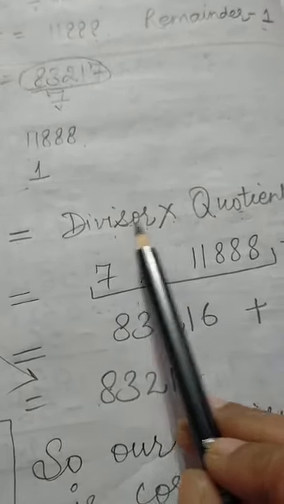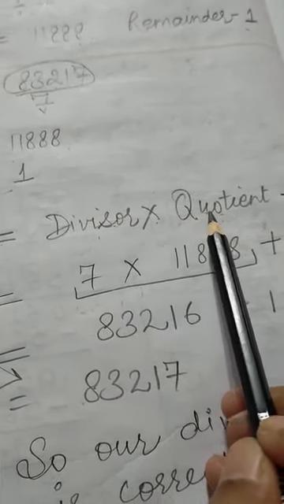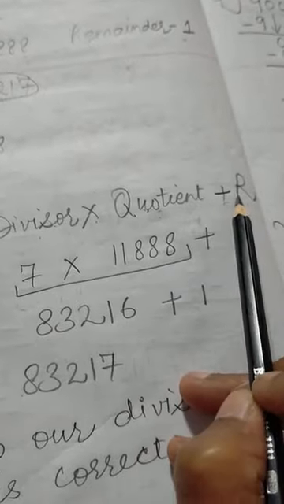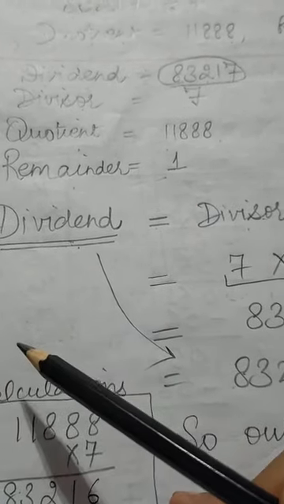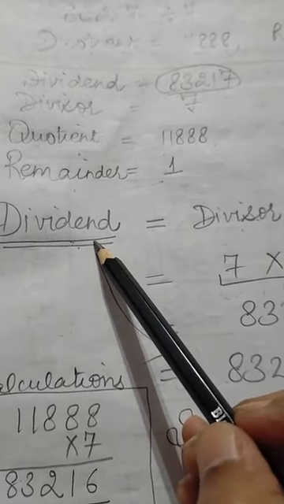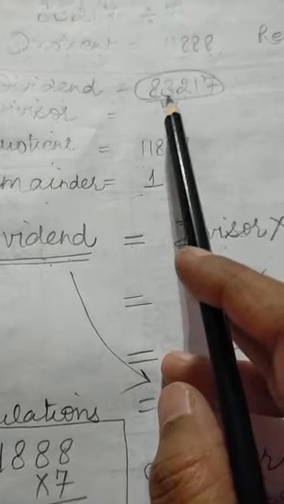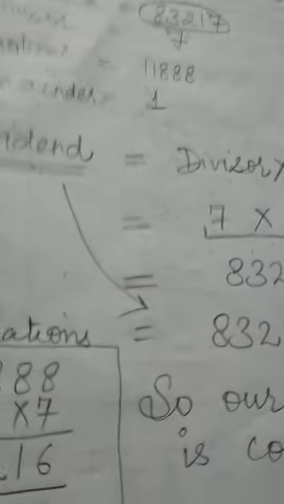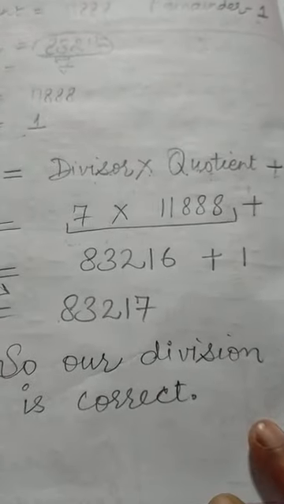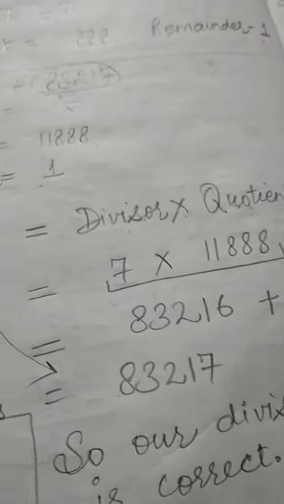When we multiply divisor and quotient and add the remainder to the product, we will get the dividend. If we get the dividend, then our sum is right. If we are not getting 83,217, it means there is a problem in the sum, some little mistake you have made. You can check your sum again and make it right.